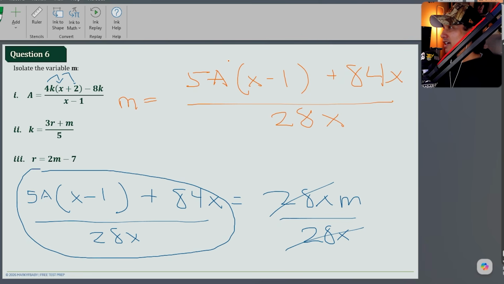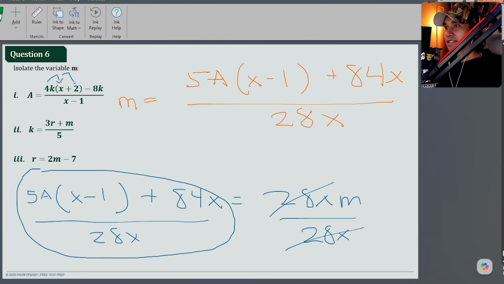My gosh, you can distribute and get 5ax minus 5a, but it doesn't matter because nothing can be combined. This would be an instance where you don't have to distribute this portion. So there you have it.